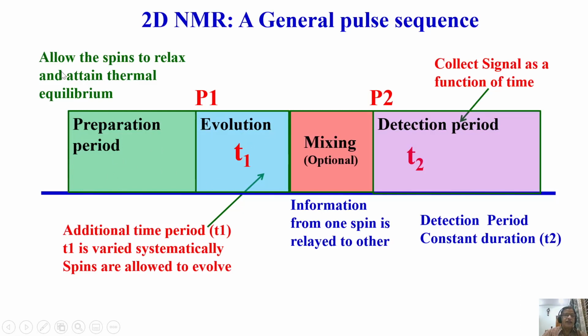Basically, in most cases, the preparation period is for allowing the spins to relax and attain thermal equilibrium. Of course, P1 and P2 are the pulses we apply; let us not worry about it. We will discuss only the time periods.